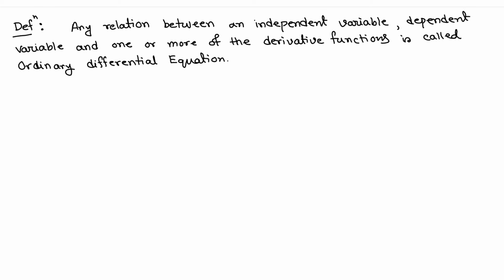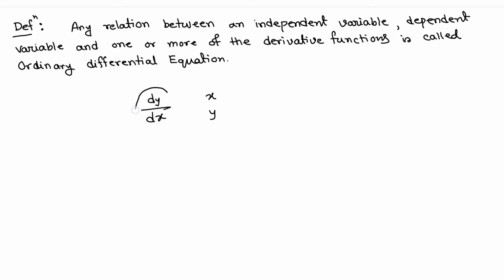Suppose we write the derivative in this form, dy dx. Yes or no? Now in this dy dx, obviously here we have two variables, x and y. Now the question is, which one is the independent variable and which one is the dependent variable?